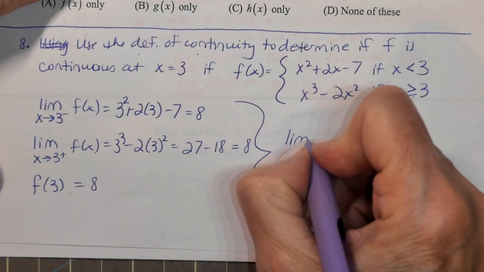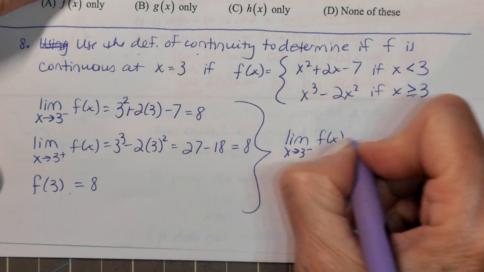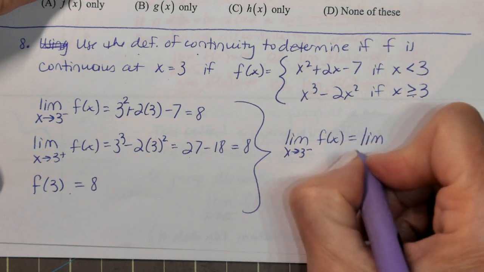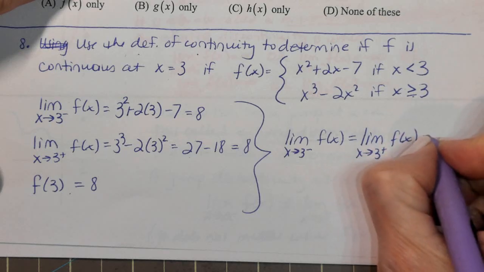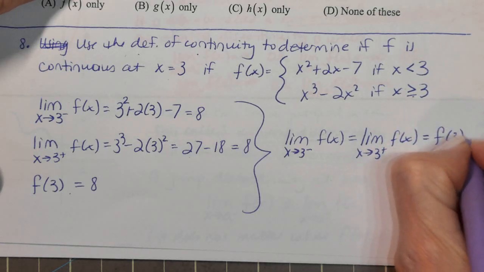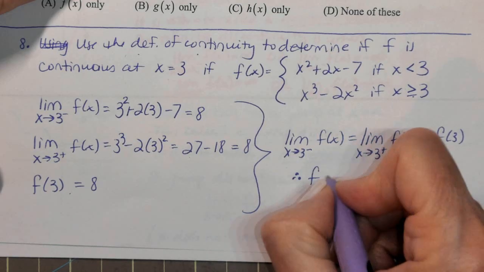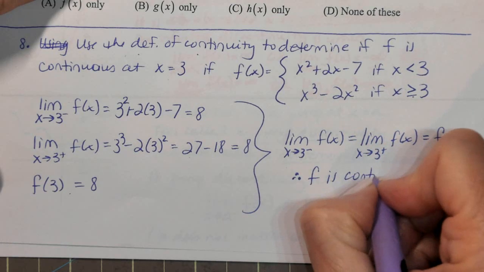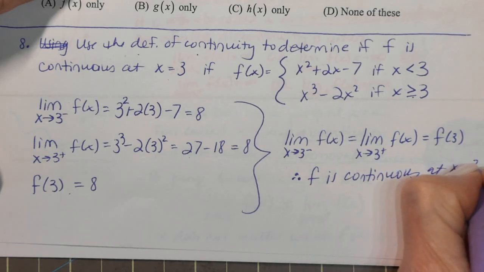The limit as x approaches 3 from the left of f of x is equal to the limit as x approaches 3 from the right of f of x, and that is equal to f of 3. So f is continuous at x equals 3.